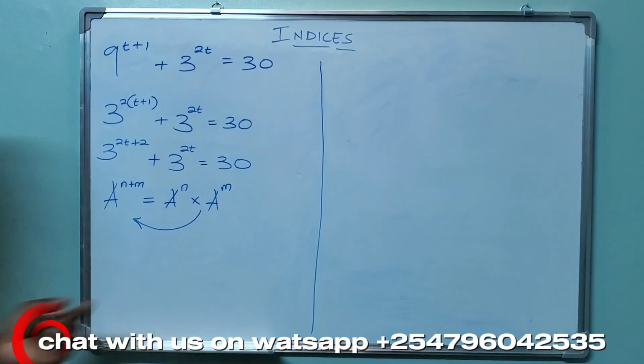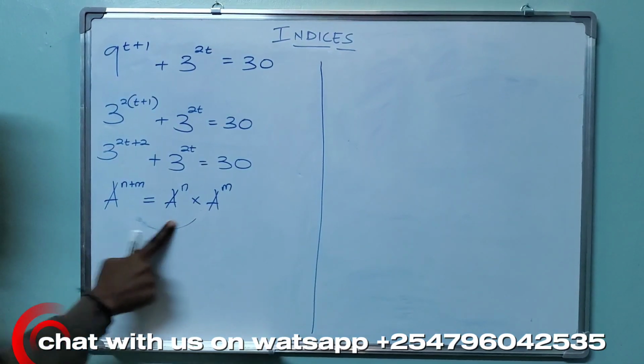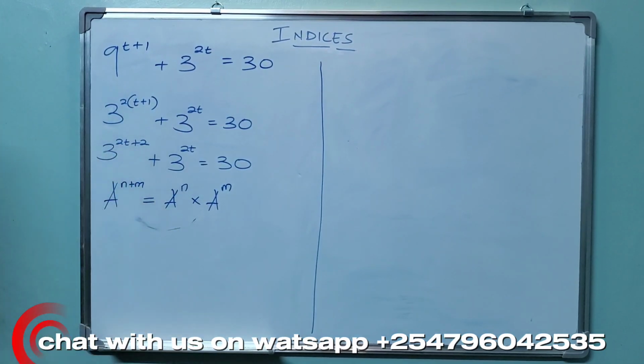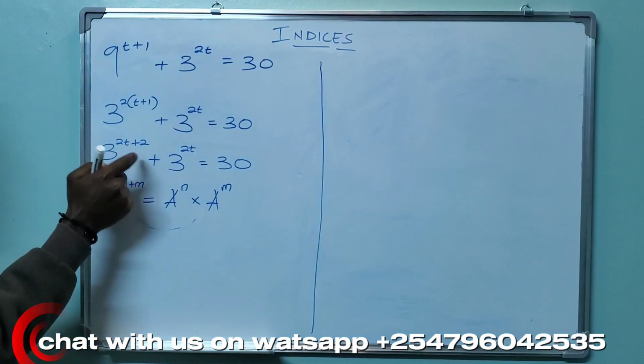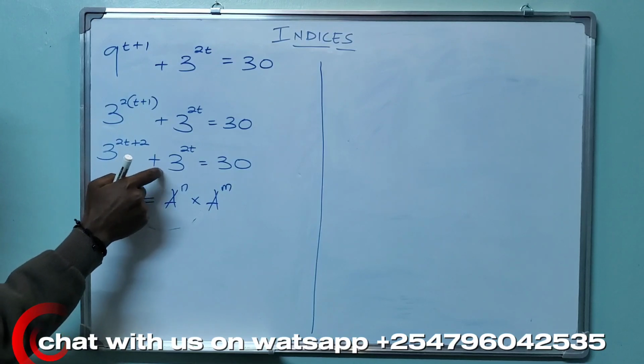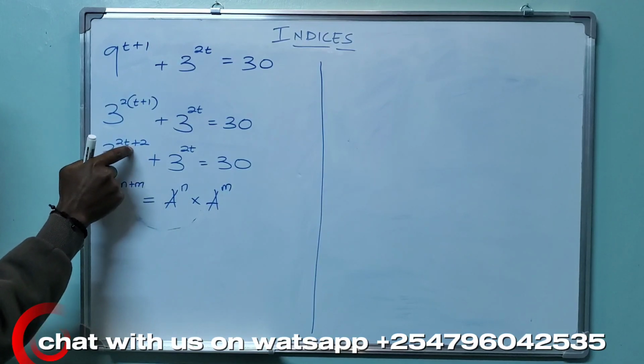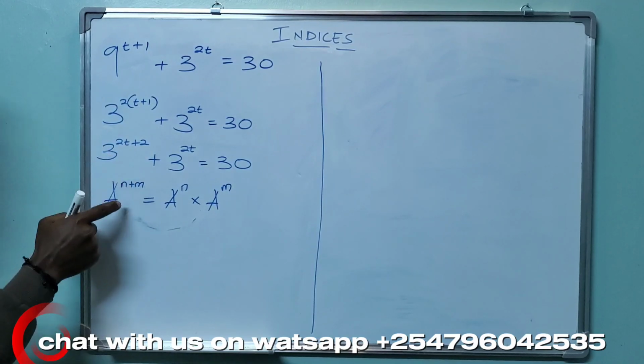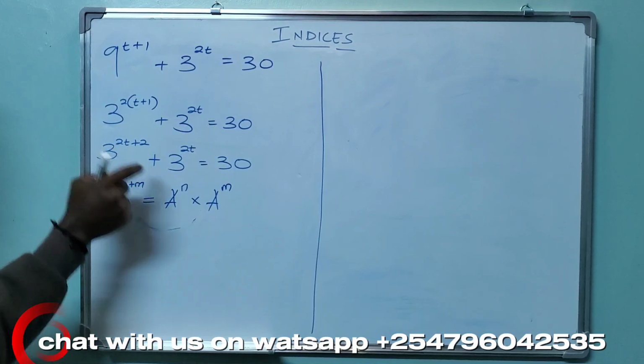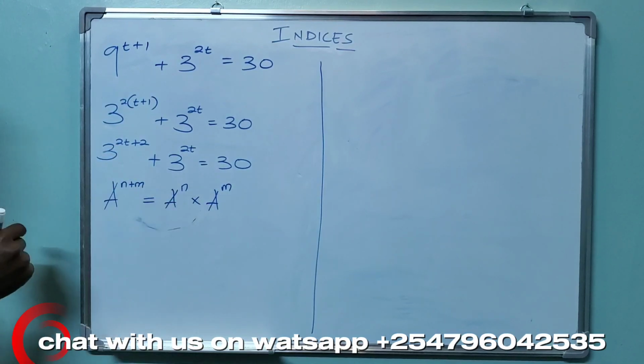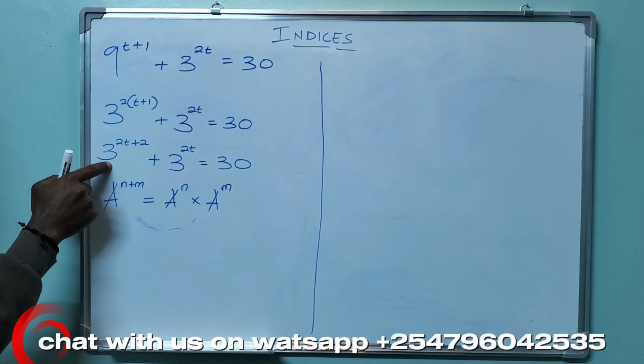Now, this specific thing, we are going to do it to this one here. So it means that I'm going to split this one. Because I'm having here a plus, there is none which has a plus here. So I'm going to split up this one. Because this one is in this form, I'm going to split it to have them like this. So this 3 is going to be the common base.